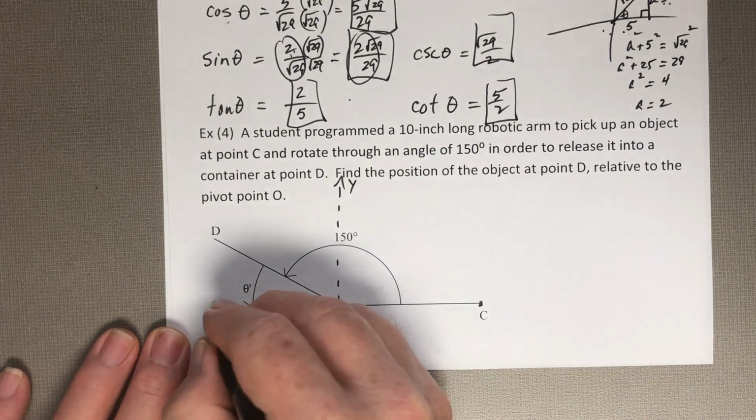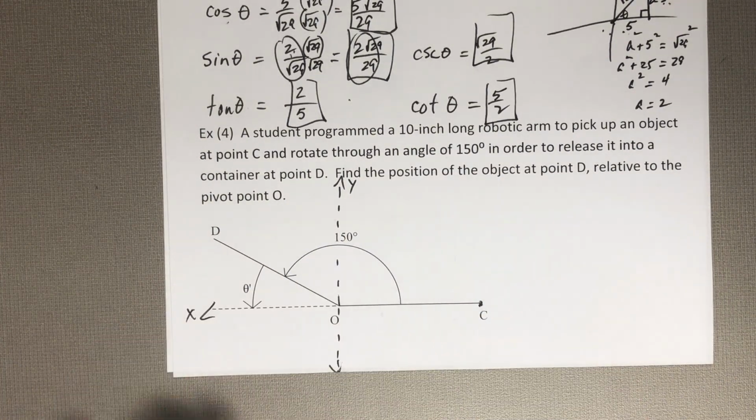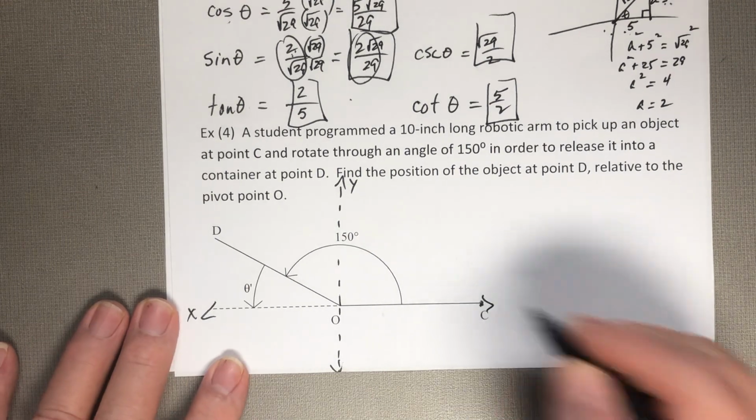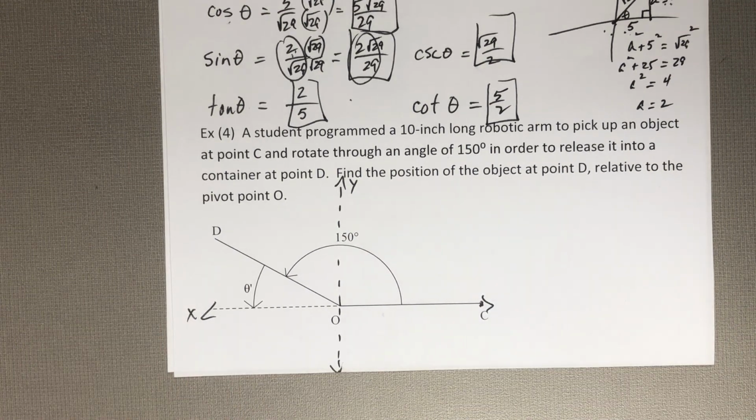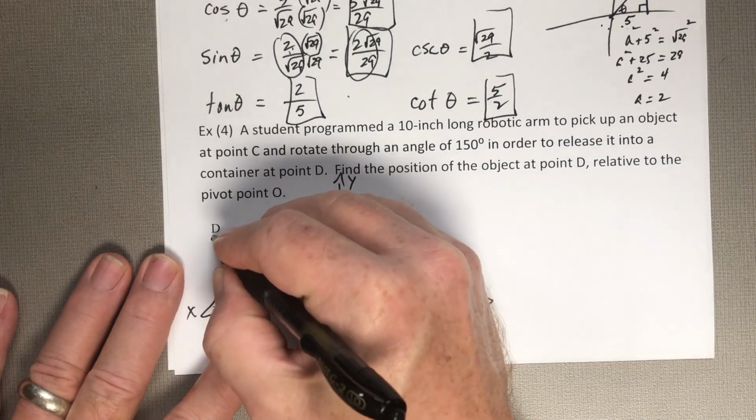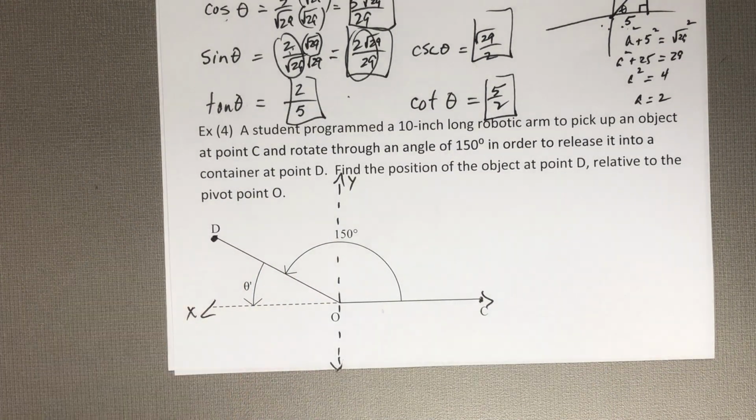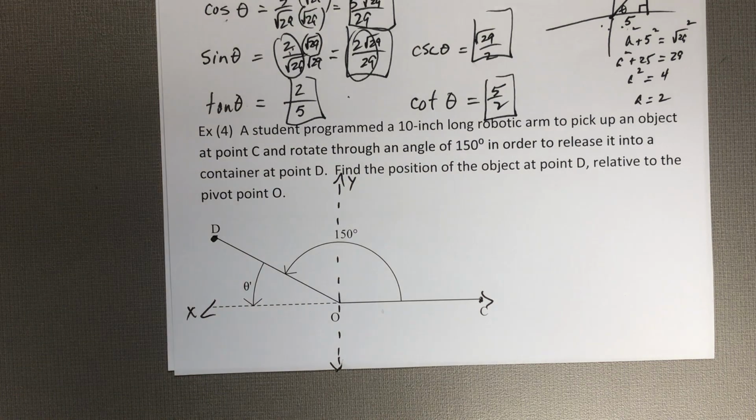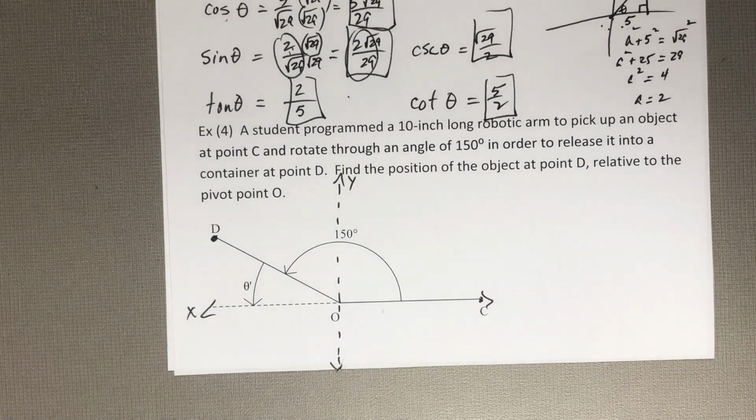So there's my y-axis, and here's my x-axis. You can put the ray there if you want. So what I'm looking for is this point over here. I want the position, and every position on a coordinate plane has to have an x-coordinate and a y-coordinate.